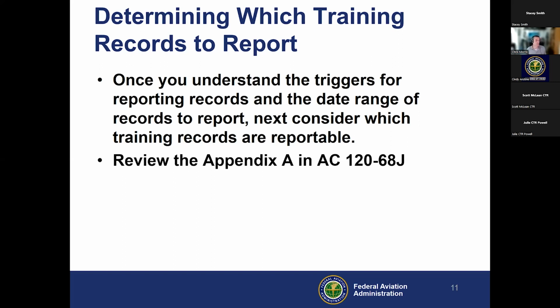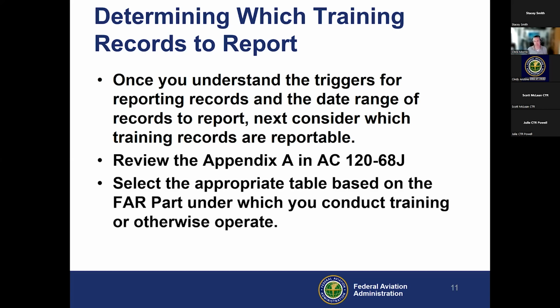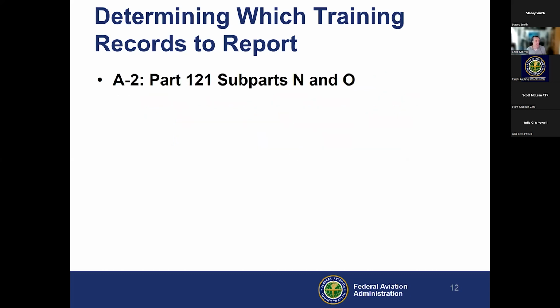Okay. So we're going to look at a couple of examples and describe how that table is meant to be interpreted. You will see that the table has several different little subtables that are used by various types of operators. So if you're a 121 operator and you do training under subparts N and O, then you would look at table A2, because you're going to see all the training and checking activities for subparts N and O that are reportable.